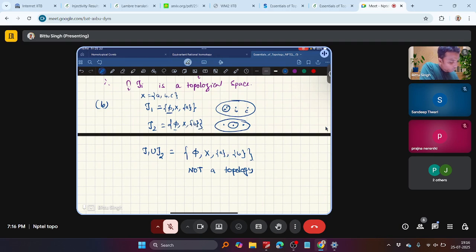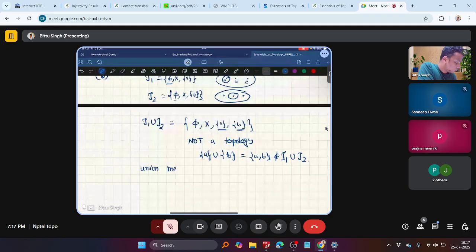So this is false. Union may not be a topology.